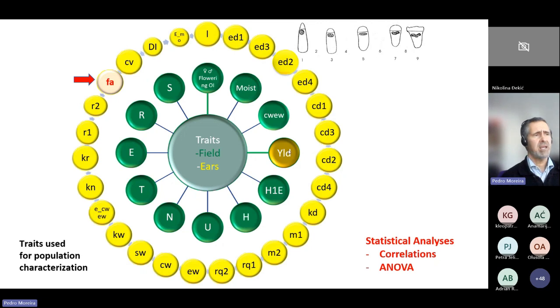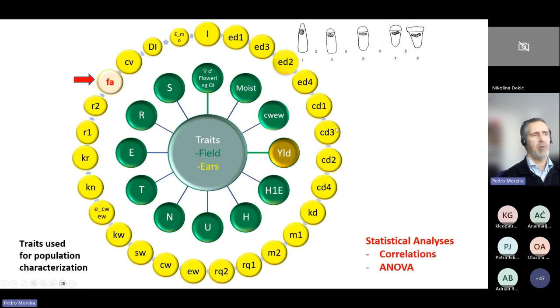And here you have the yield, moisture, flowering, overlapping index that we have already mentioned, root lodging, stalk lodging. So this is at the field level. And then this is for the ear level.